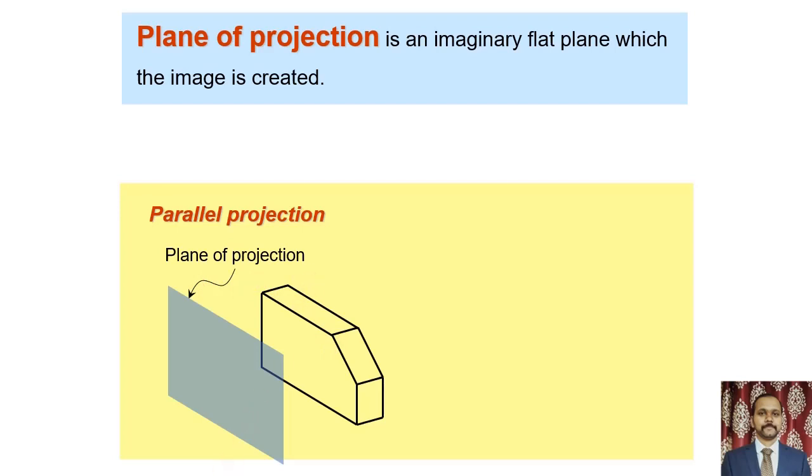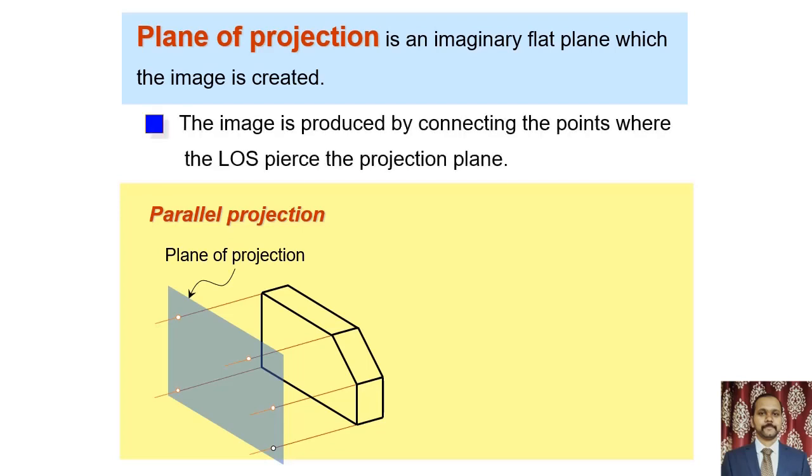If you see this, these are parallel lines which pass through the plane of projection. All these lines of projection fall on the plane, and whatever points are there, if you draw lines in between these points, then we get the shape of the object.